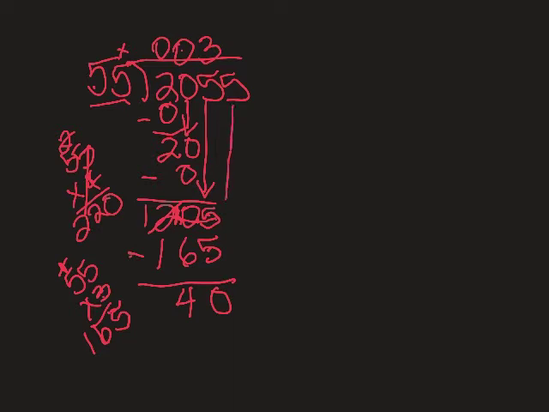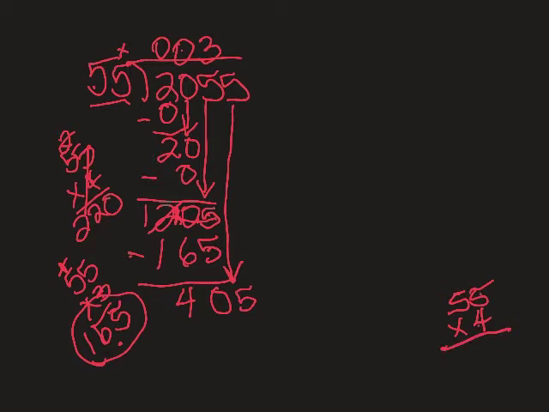Okay, so it looks like I need to now bring down this 5. Okay, I know that 55 times 3 was 165. So now I'm going to see over here on the side what 55 times 4 is, because the 165 that I had is not close enough.